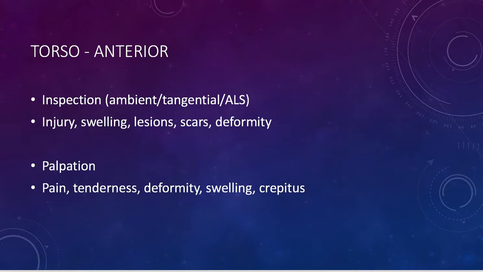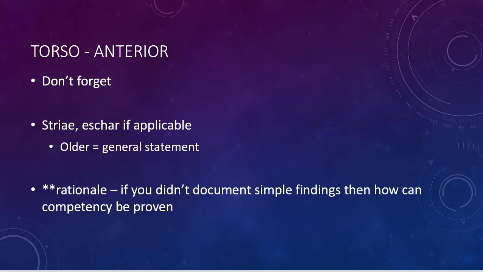So with the anterior, you'll of course do inspection and palpation. You'll use the same light sources, looking for all the same things: injury, swelling, lesions, scars, and deformities. And you'll also palpate. That's a very important thing, because you're going to miss something that you normally wouldn't see. You're looking for pain, tenderness, deformity, swelling, crepitus.